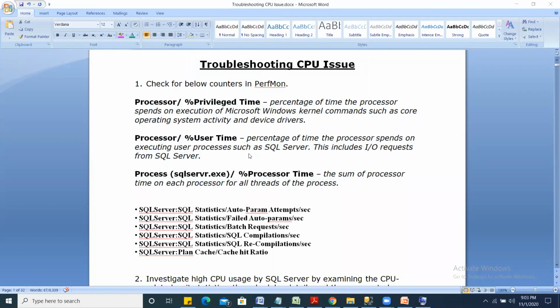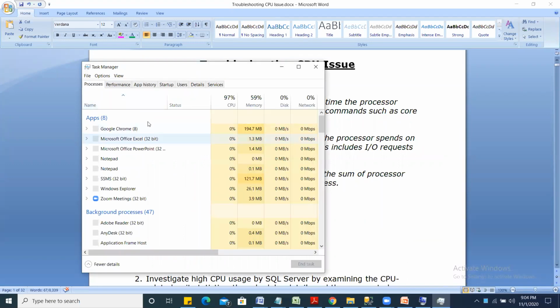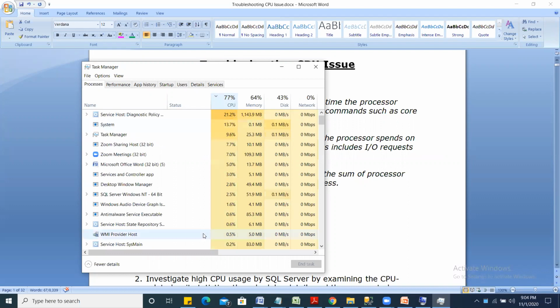As an expert DBA, you should not rely on Task Manager to see CPU utilization by different processes.